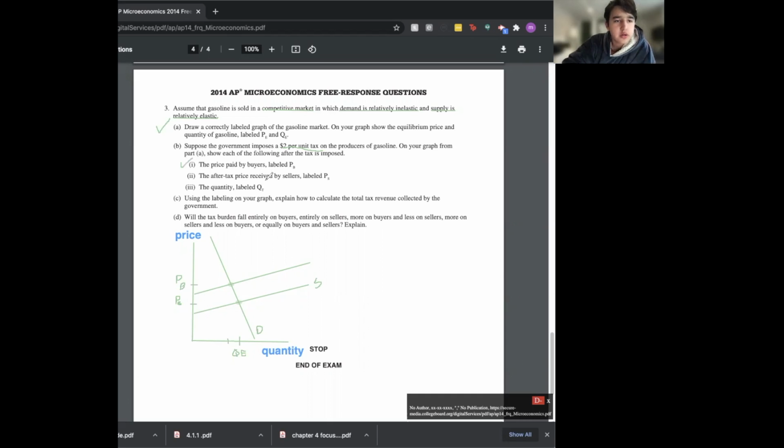Let's move on to part two, the after-tax price received by the sellers. This is the price that the sellers would sell it at, although it is not the price where the sellers would receive all that money. Because there's that $2 tax, it is this price minus that $2, which would end up being right here.